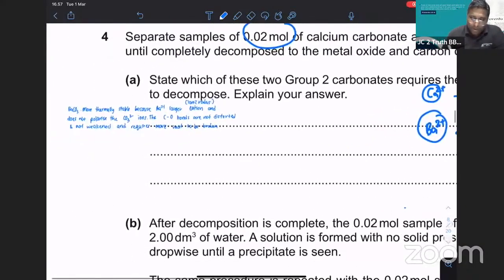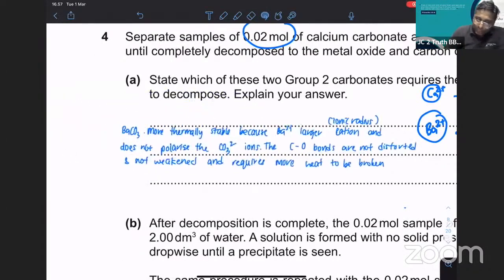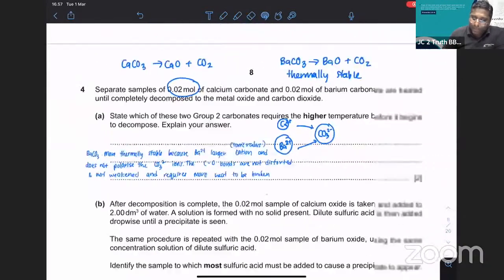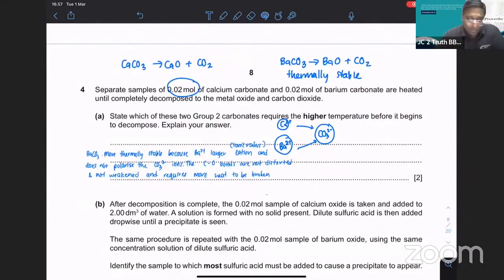So if I enlarge this, you can see which one requires a higher temperature before it begins to decompose. Of course, because it's difficult to decompose, it's going to be barium carbonate, so it requires more temperature. Why?